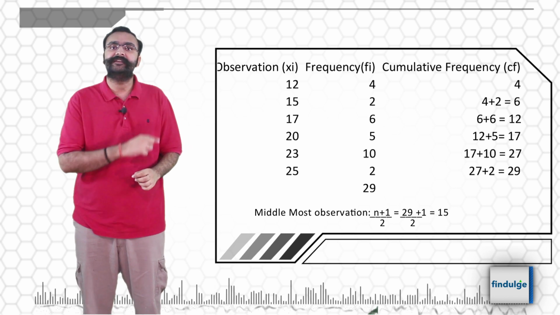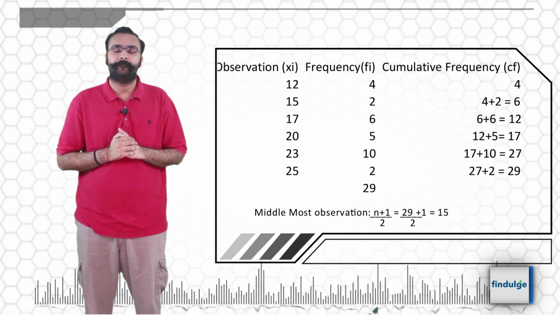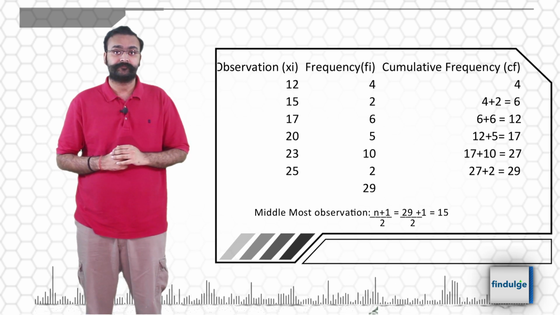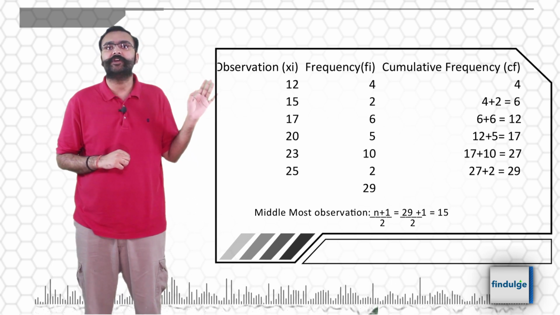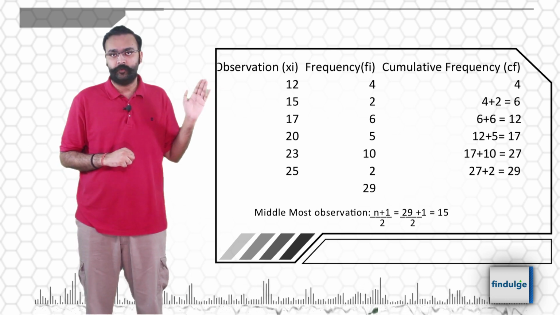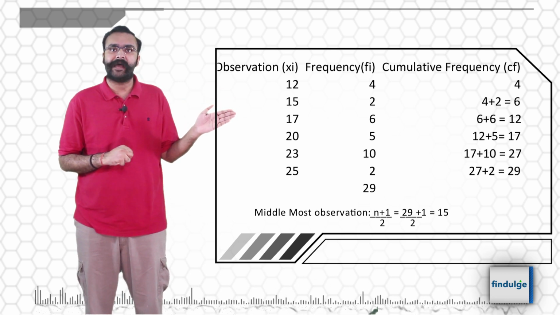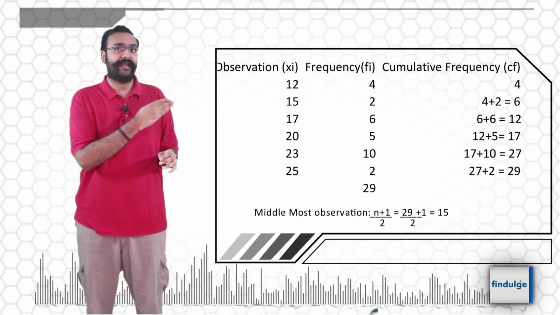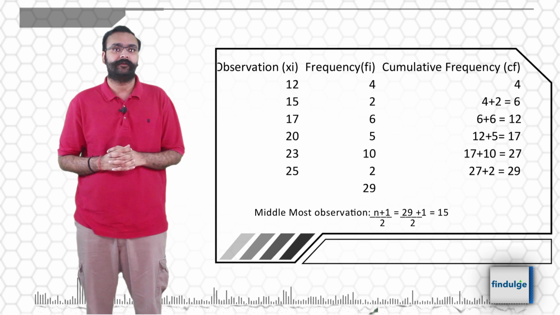Now, which one of these will qualify for that? You go and look at your cumulative frequency. If any of the cumulative frequencies is equal to 15, whichever observation corresponds to that will be your median. Let's say it doesn't, like in this situation it does not.